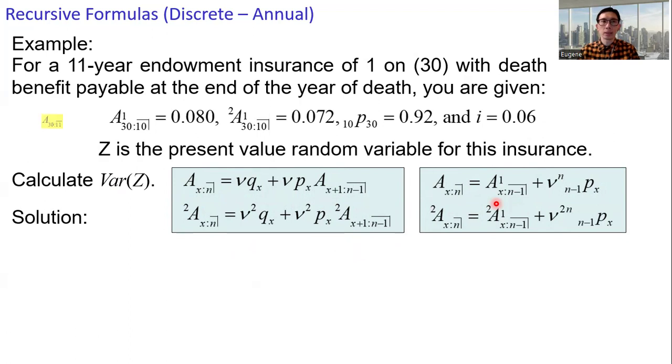What do we need to get? We need to get the 11-year endowment insurance on age 30. The age remains unchanged. The value for x is the same. For the first set of recursive formulas, we have age x versus age x plus 1. And then for the second set, the age remains unchanged. So here we make use of the second set, the recursive formula.